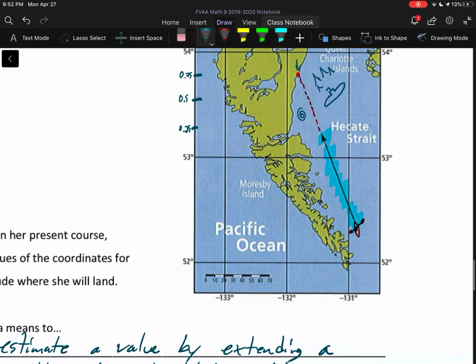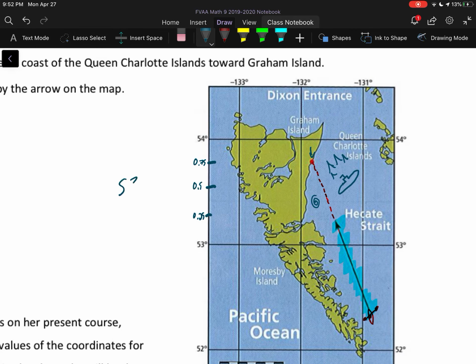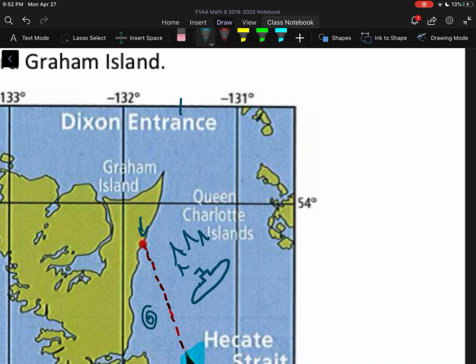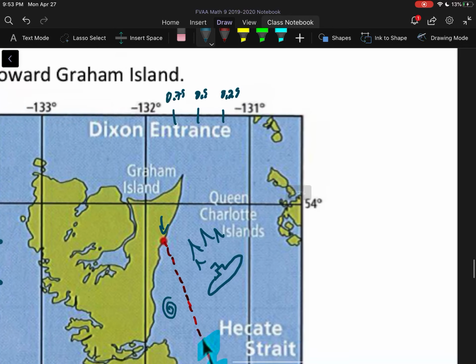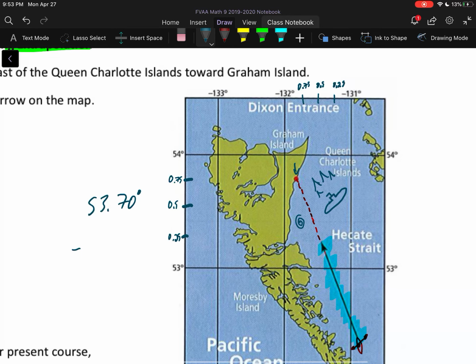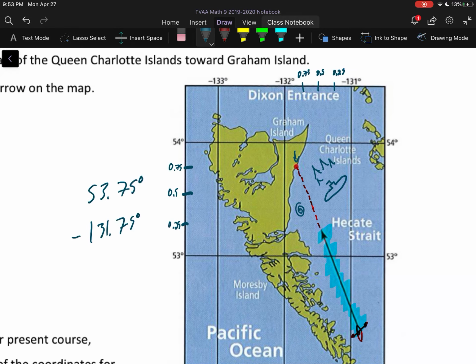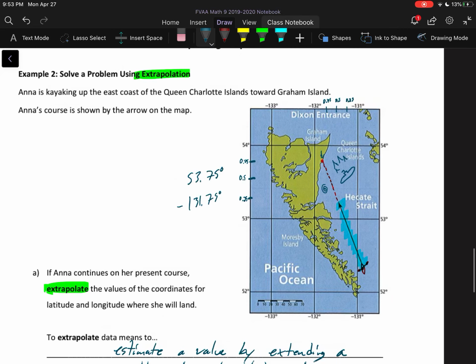So I could say maybe 53.75 degrees, and if this is, I'll use another 0.75, 0.5, 0.25 between, and then negative 1.75 degrees. Okay, that would be kind of my rough estimate. Again, there's not enough grid lines on my graph to come up with an exact answer. That was a problem in the last question.